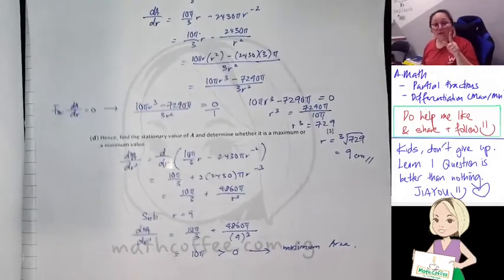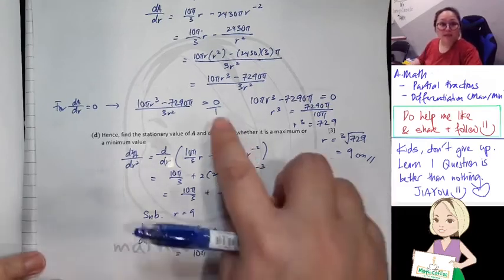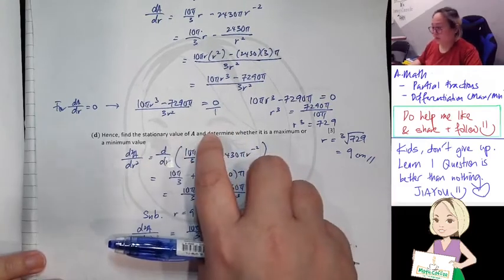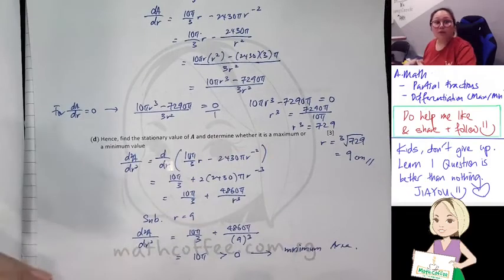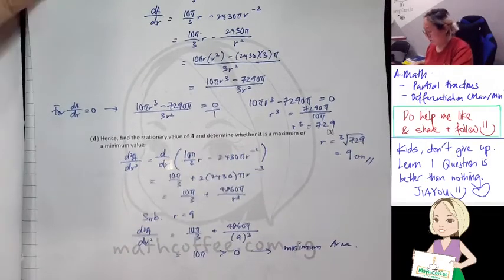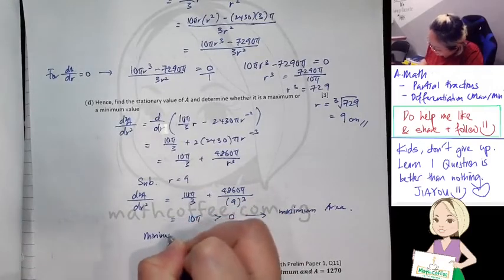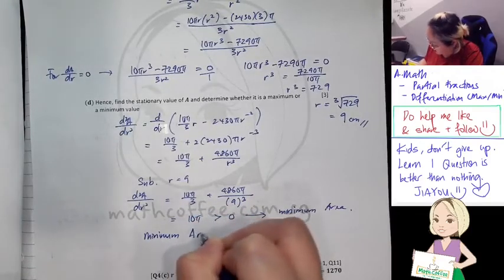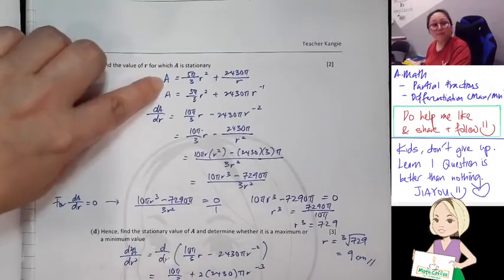And this time round, they did not mention just determine. They asked to find the stationary value of area as well. So this time round, I need to sub in my r equals 9 into my A to find out what is my minimum area. So my minimum area will be equal to, you have to go back all the way to your A, which is here.